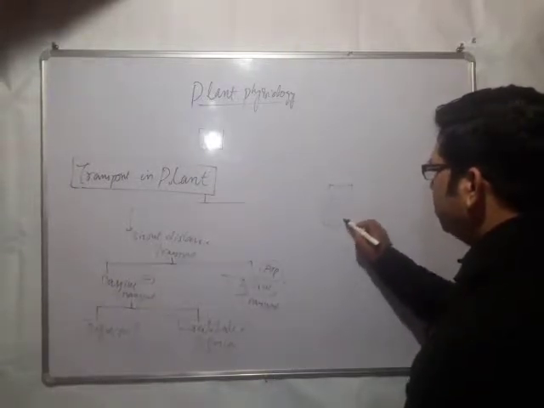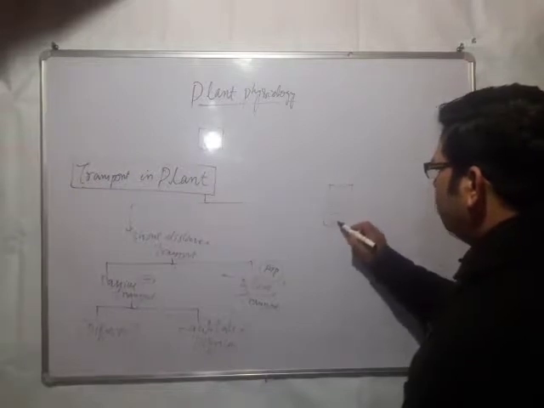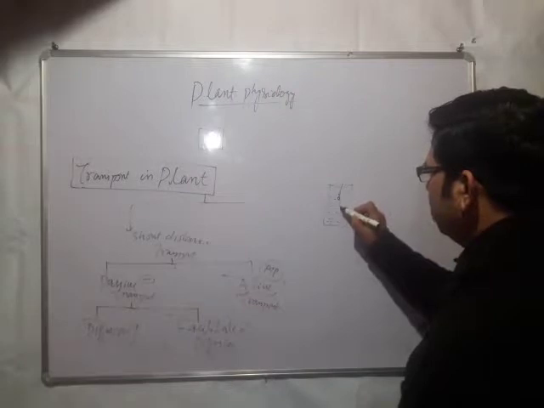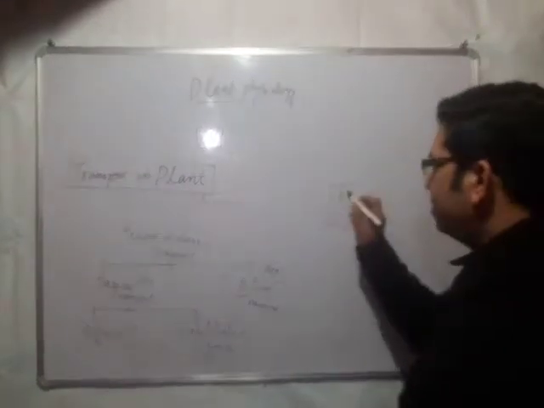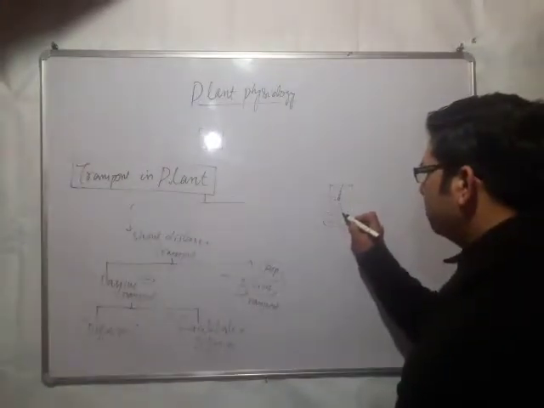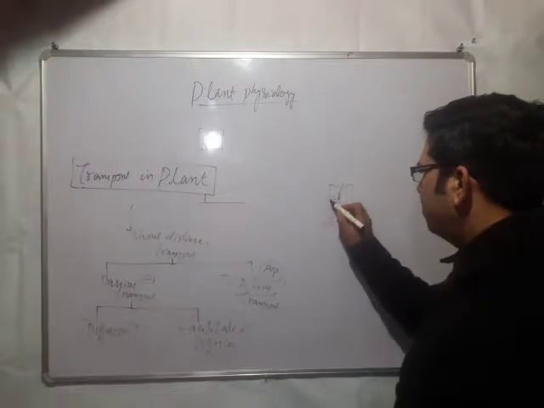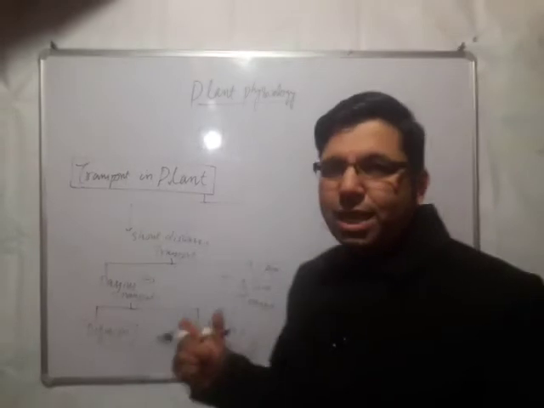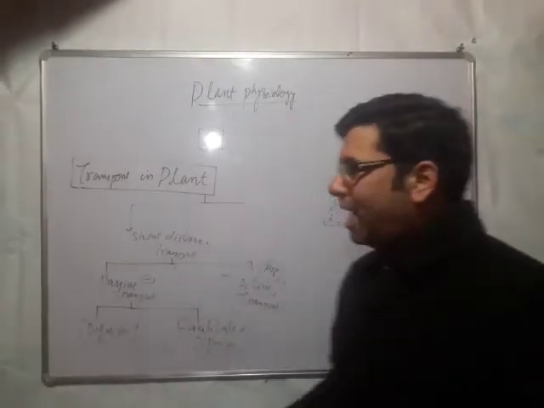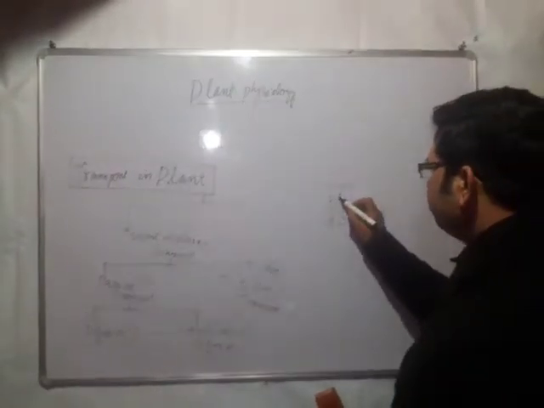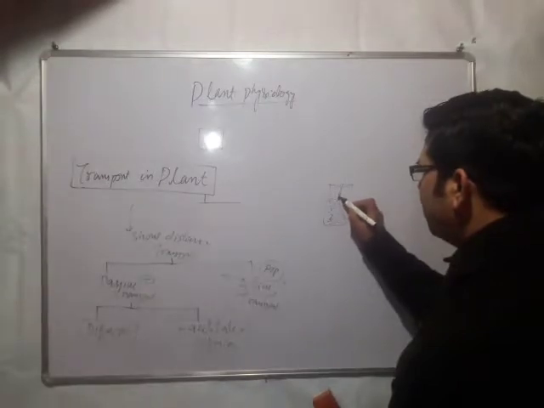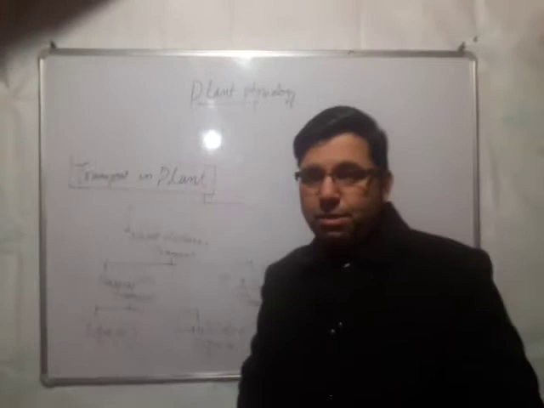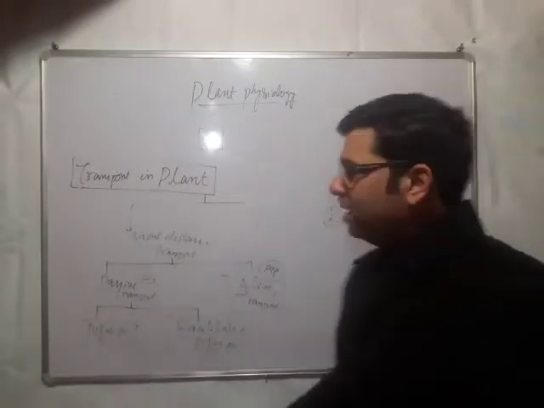Now if we drop a drop of ink here, it does not remain confined to this space. It moves in this way till the whole water gets colored with that particular ink. So the ink moves from higher concentration to lower concentration, where there was a deficit, where there was no ink particle.